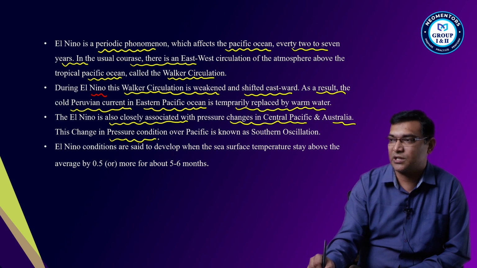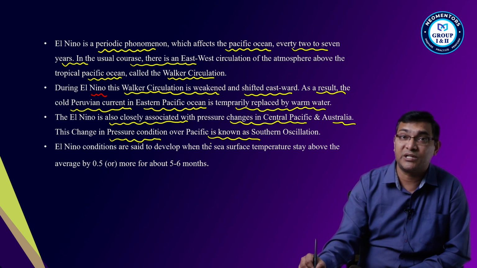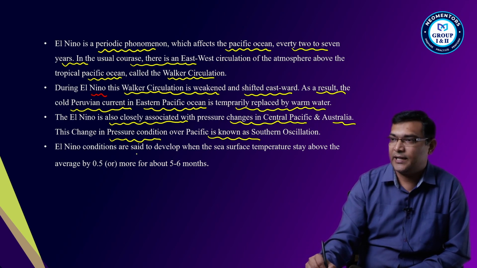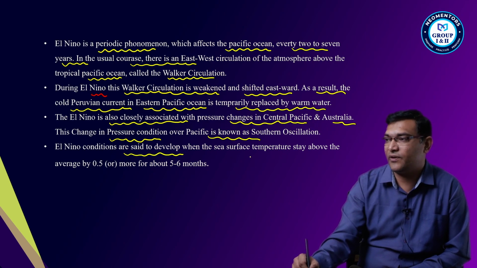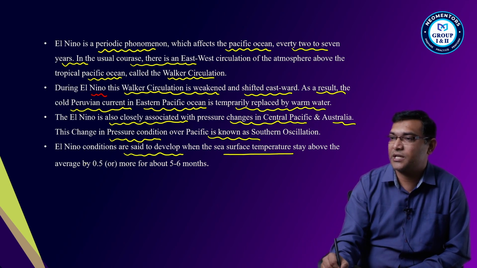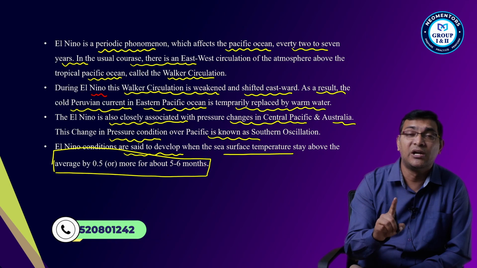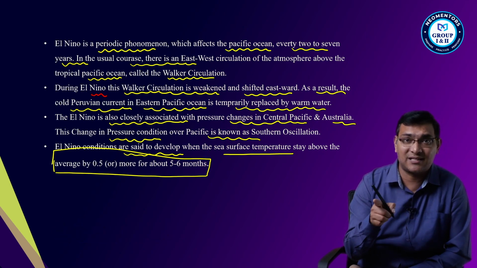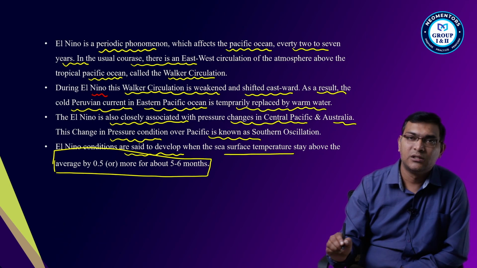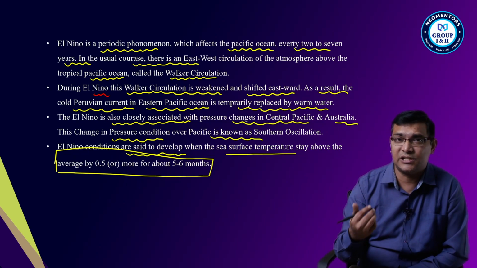These changes in pressure over the Pacific Ocean are nothing but the Southern Oscillation. And El Nino conditions are said to be developed when sea surface temperature stays above 0.5 degree for more than 5 to 6 months. That is nothing but weakening of the trade winds, due to waxing and waning of the sun, or due to climate related changes.